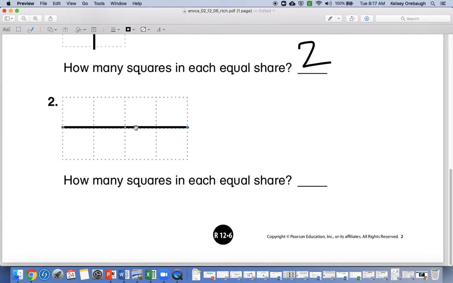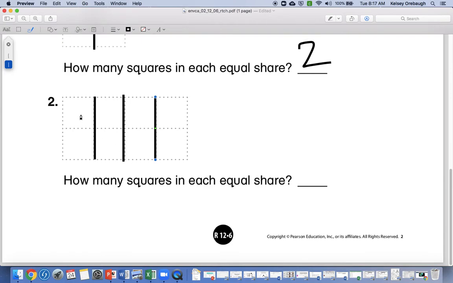Let's try a different way. We can draw columns. 1 column, 2, 3, and 4. Do you see that? 1 column, 2 columns, 3 columns, 4 columns. Okay? If we divide our rectangle this way, how many squares are in each share?